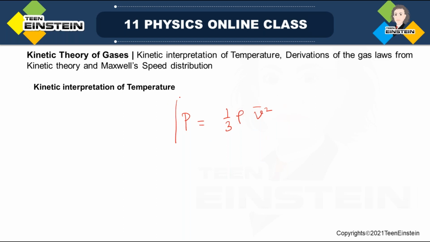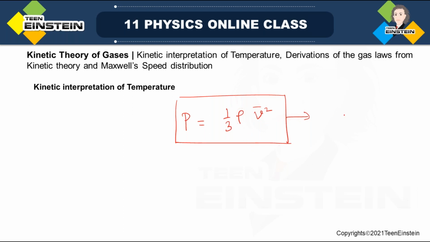Only this single derivation will help me to find out the kinetic interpretation of temperature. I can actually realize the meaning of temperature from this particular formula, 1/3 rho v average square.